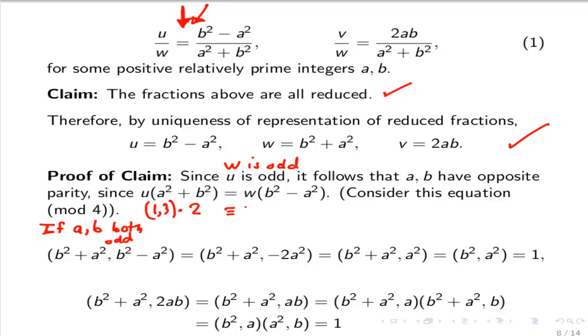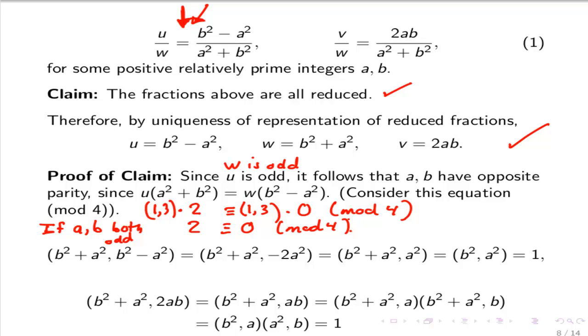On the right, w is an odd number, so that's a 1 or 3. And b squared minus a squared, if a and b are both odd, that would be 1 minus 1, which is 0 mod 4. So the left-hand side is 2 mod 4, and the right-hand side is 0, which is a contradiction. Therefore, we can't have a and b both being odd.